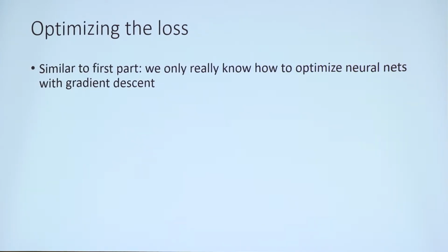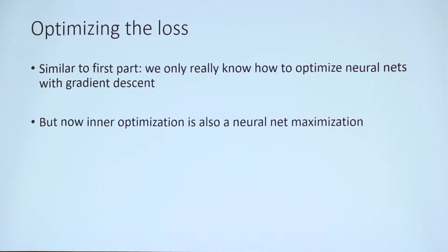But now we have this problem that this loss is not a standard loss that people in neural networks are facing, for example, in a regression problem, because the inner optimization is also a neural net maximization problem. And it's a bit hard given that you need to train the outer layer, the learner, the distribution neural net, for like 1,000 iterations. If for every one of those 1,000 iterations, you would need to train another 1,000 iterations of your discriminator, it's unrealistic to take such an approach of fully solving the inner optimization and then solving the outer optimization, having solved the inner optimization.